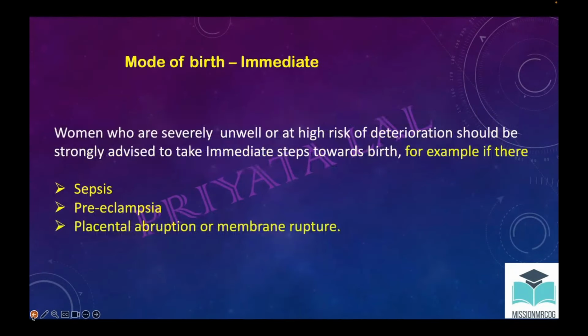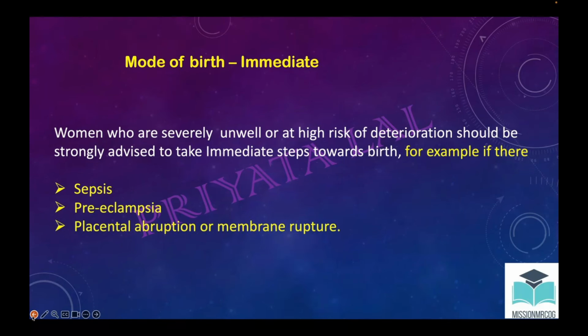Now, some women may require immediate mode of birth. If the IUFD diagnosis has been made, the patient usually does not go back home, because the RCOG in the UK gives them time before they go ahead and induce labor.